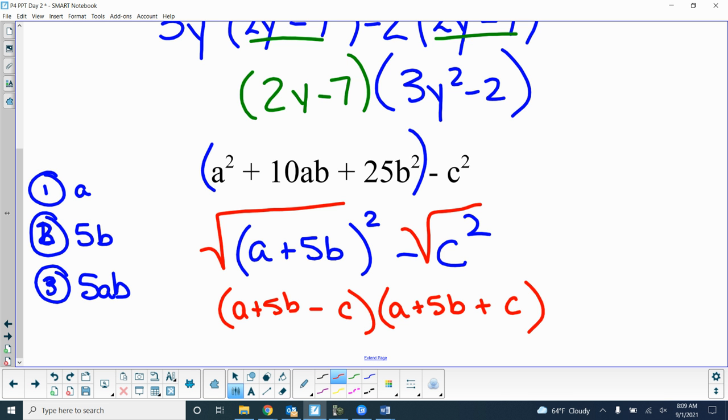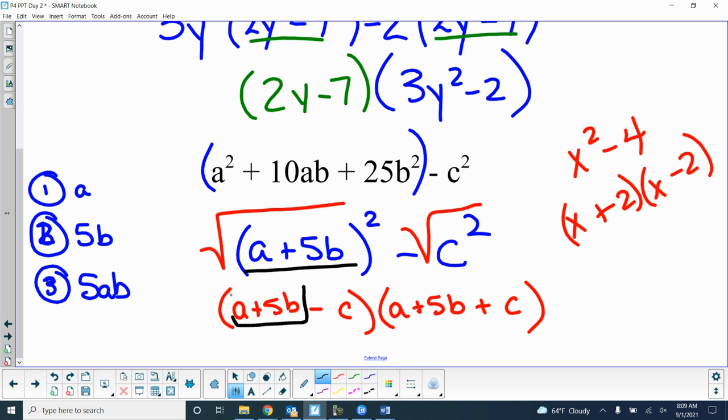When we do a difference of squares, remember, an easy one would be like x squared minus 4. We took out the square root. Right, so we did square root of x squared, square root of 4, and then we always did plus and minus, right? Or minus and plus. So that's what we're doing. It's just that when we took the square root of this, the answer was this.